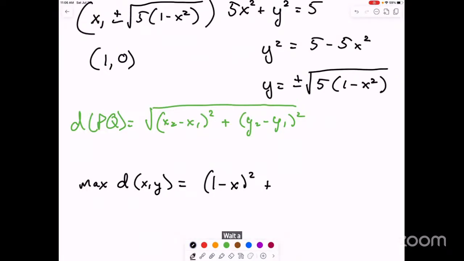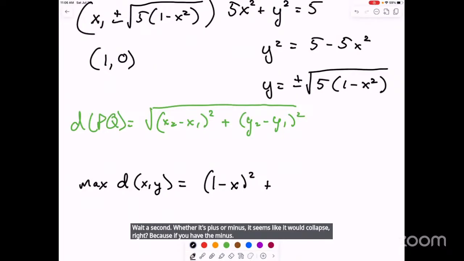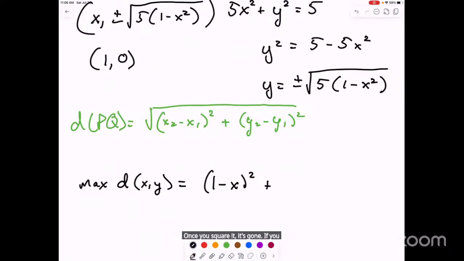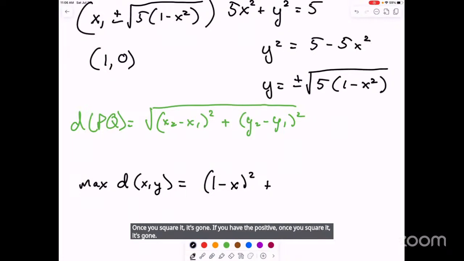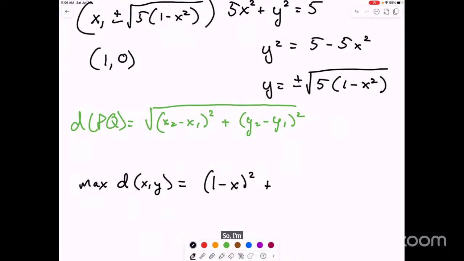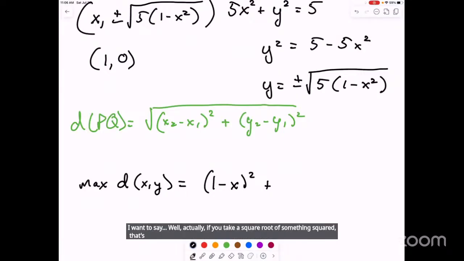Wait a second. Whether it's plus or minus, it seems like it would collapse, right? Because if you have the minus, once you square it, it's gone. If you have the positive, once you square it, it's gone. So it looks like the plus and minus gets absorbed, and it really becomes the absolute value. Well, actually, if you take the square root of something squared, that's absolute value.